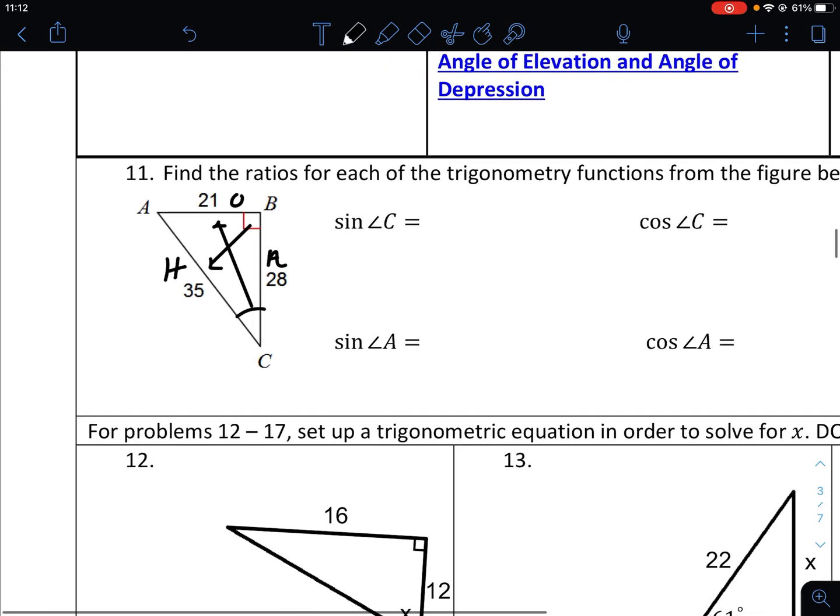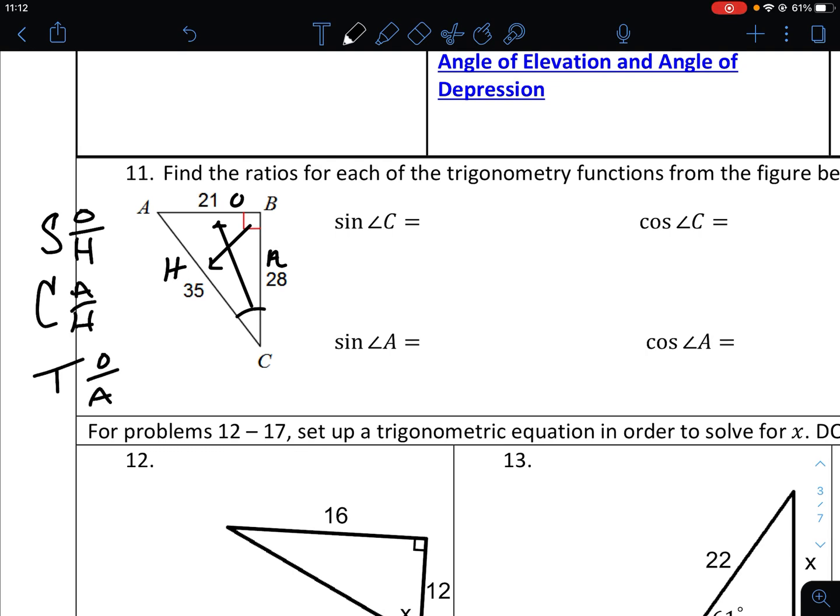Again, remember SOHCAHTOA: sine is opposite over hypotenuse, cosine is adjacent over hypotenuse, tangent is opposite over adjacent. So the sine of C is my opposite 21 over the hypotenuse 35, both of which are divisible by 7, leaves me with 3/5.